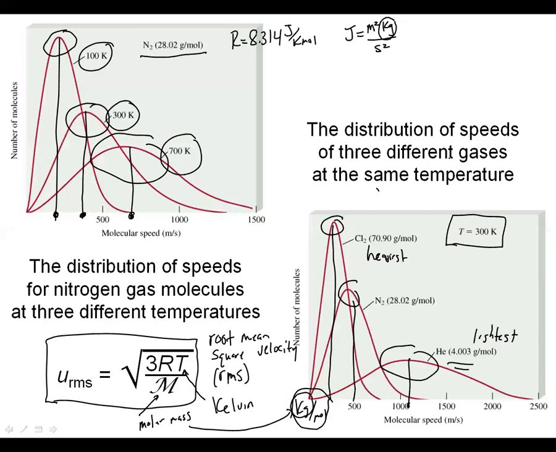So if you remember on the partial pressure problem we did, we had helium and neon.